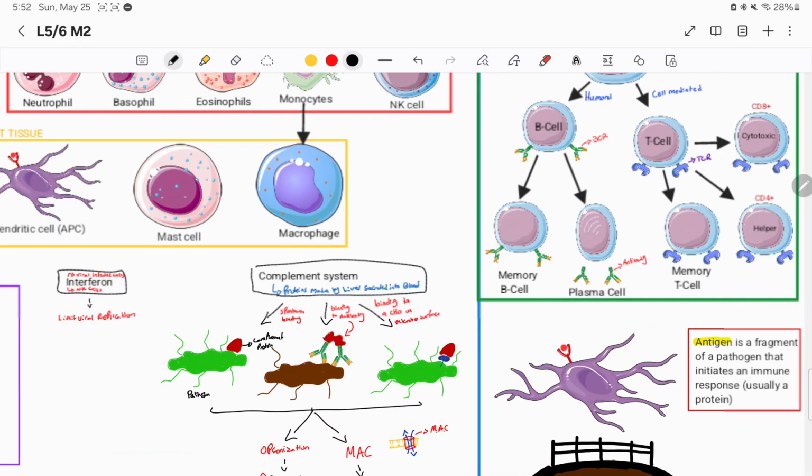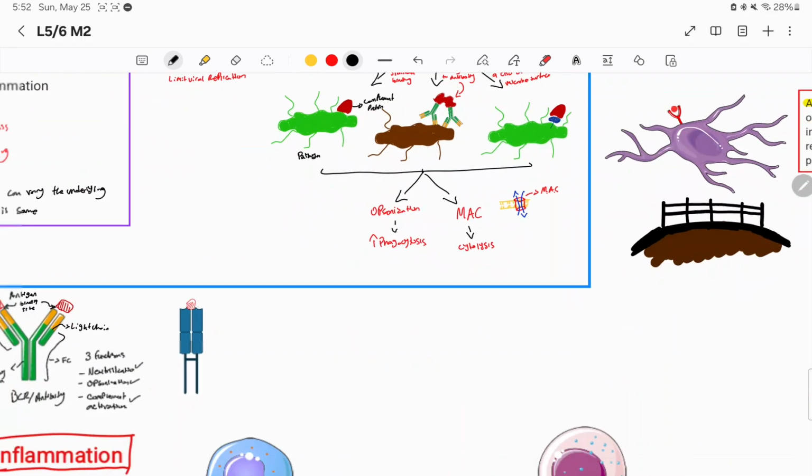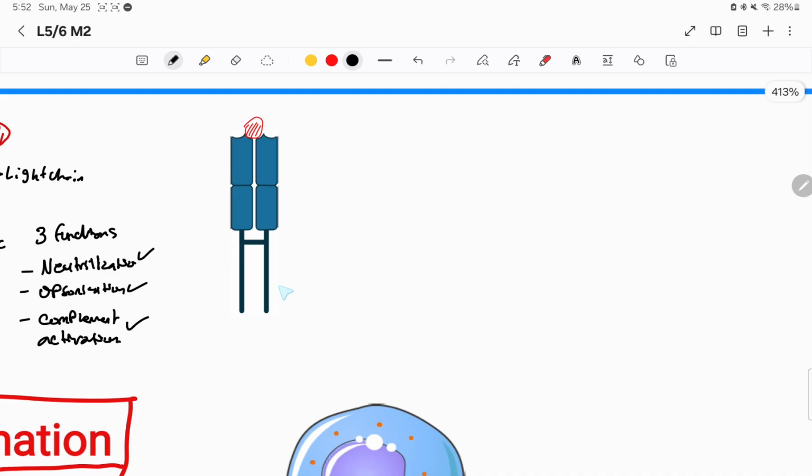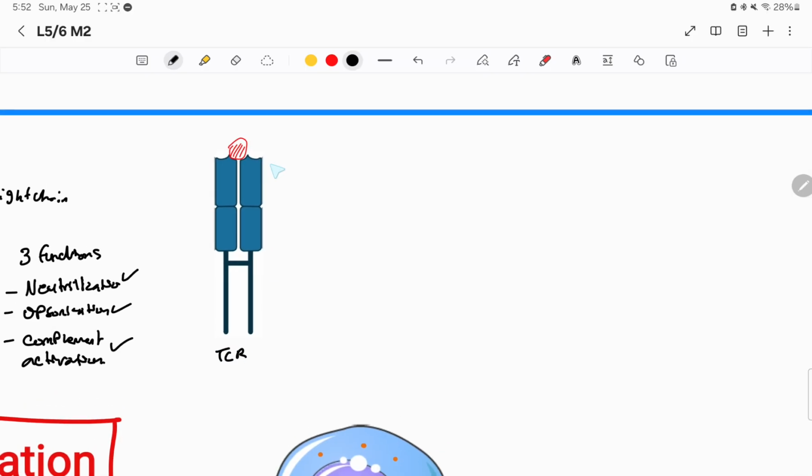The next thing we're going to look at is the T cell receptor. What does it actually look like? So this T cell receptor has this region over here, which is the antigen binding site.